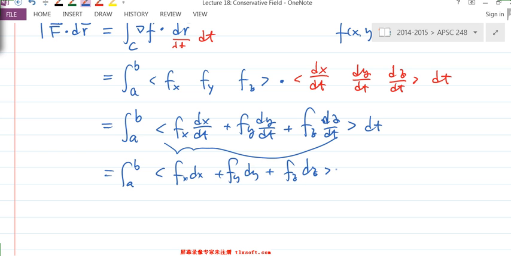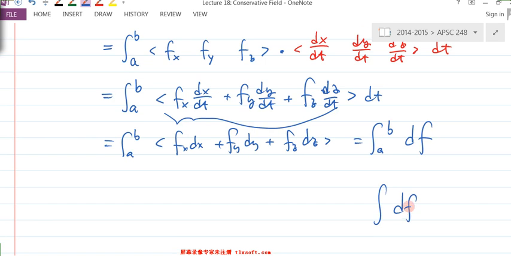So what do we get? It's a total differential, right? Which is what? A to B df. So what does the integral of df give you? It gives you f, and now you have these limits A to B. So this is basically f at t equal to b minus f at t equal to a, right?